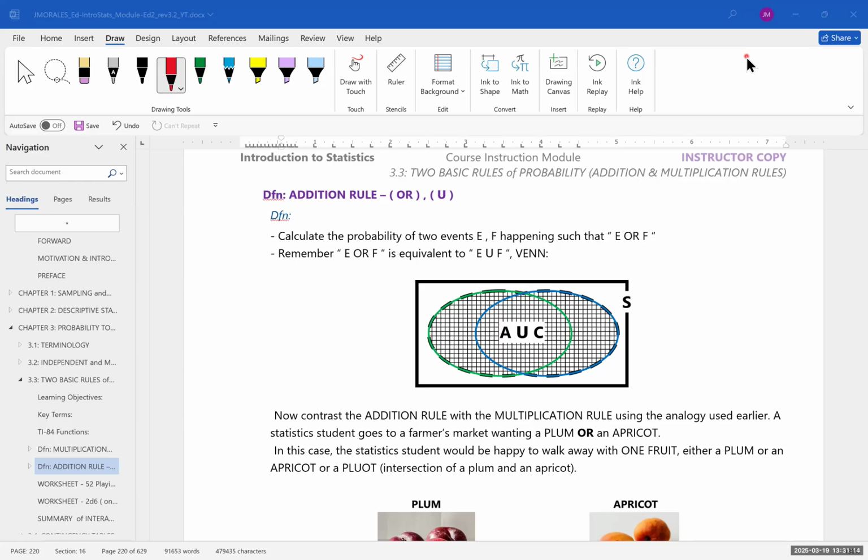All right, let's talk about the other rule of probability. This is the addition rule. And the addition rule is denoted by the word or and the union symbol.